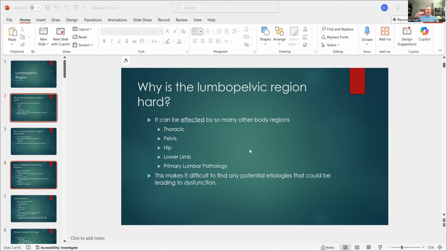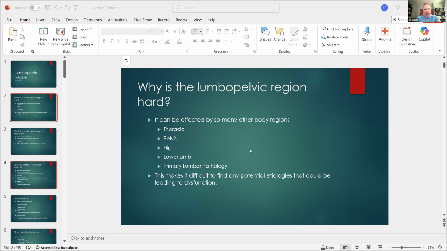And when the quadratus lumborum starts to create an increase in tone, coming down from the ribs, it's going to take the posterior elements of the innominate and pull it superiorly, right? So it's going to create this anterior tilt of that side of the innominate. Okay, so that's a very common problem that people will complain of, potentially SI joint pain as a result, right?